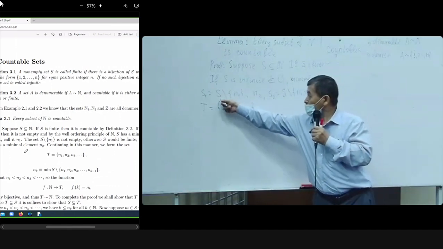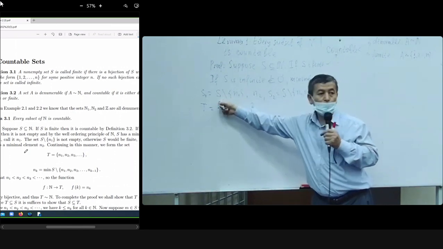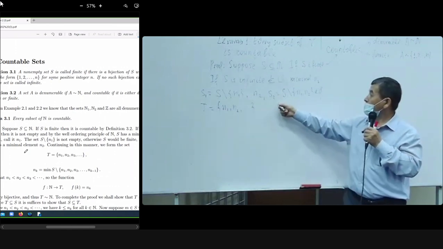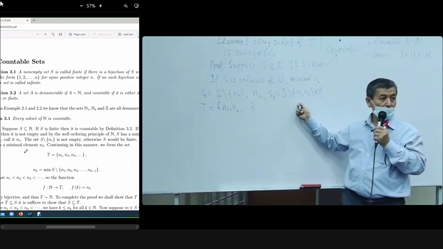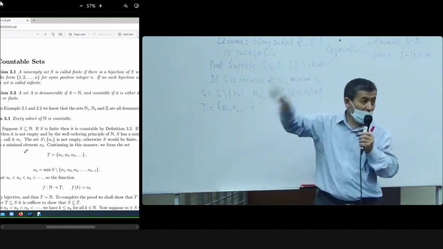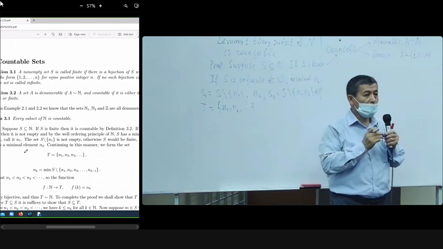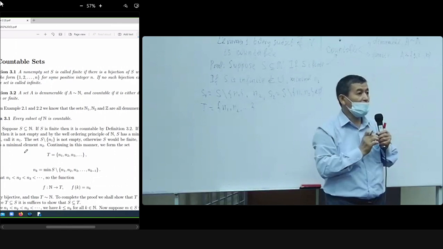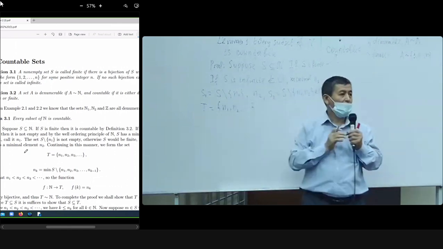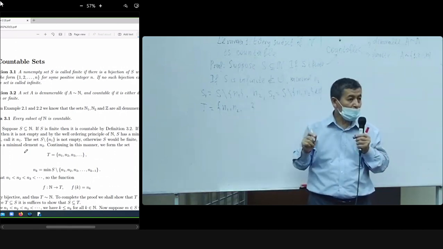Every time, this T, the first minimum element of S, n2 is the minimum element of the second set, S2, S3, S4, and so on. You see, every time we are taking out elements and constructing a new set. All the minimum elements of S, but you can see it has infinitely many elements.